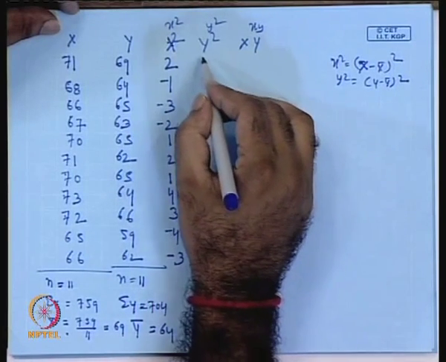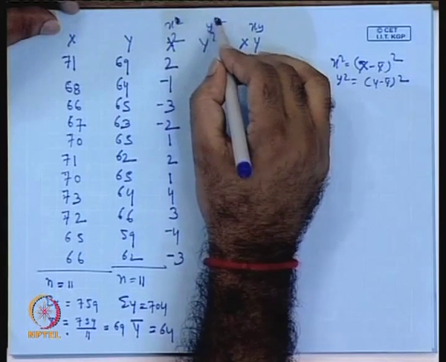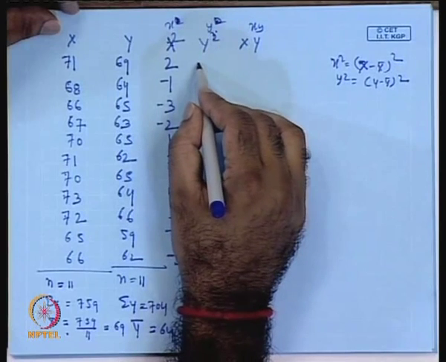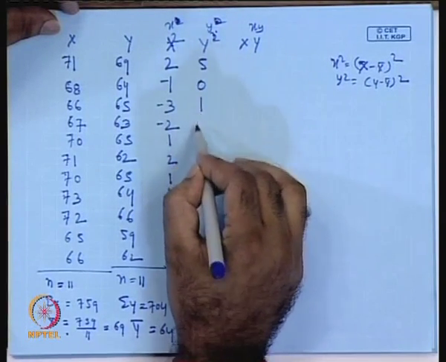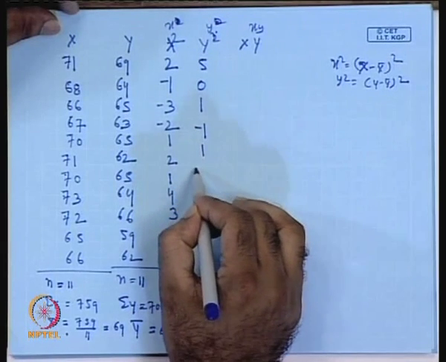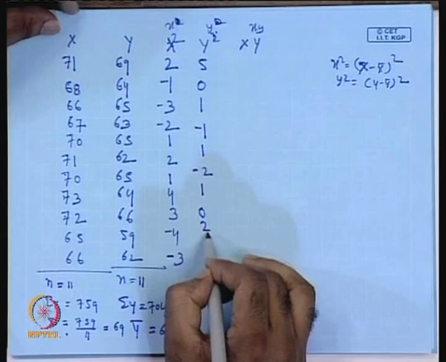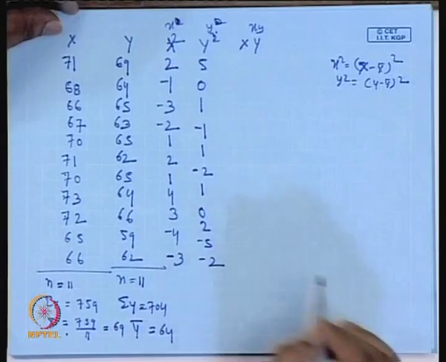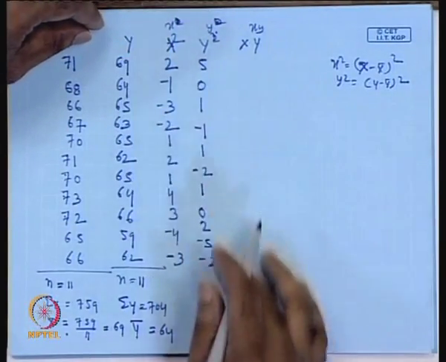Similarly, in the second case, this is in fact x, so obviously we will go for x square and y square. For y it is nothing but 5, 0, 1, minus 1, 1, minus 2, 1, 0, 2, minus 5, then minus 2. Now, this is x deviation format and y deviation format.